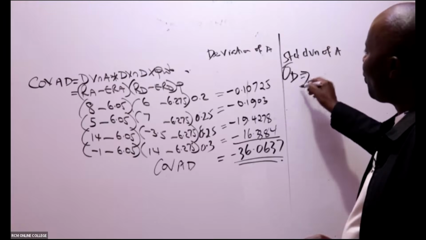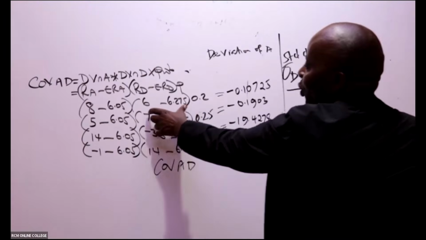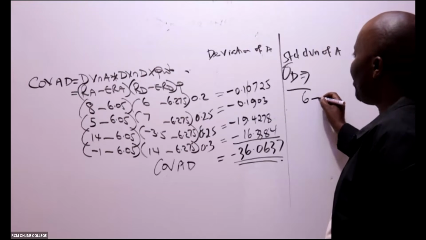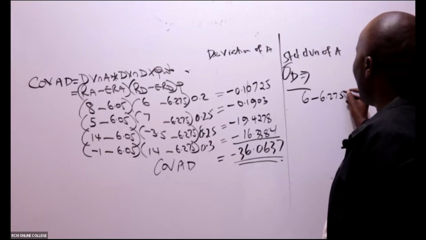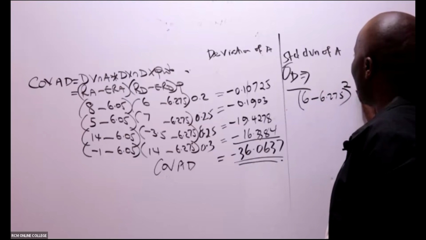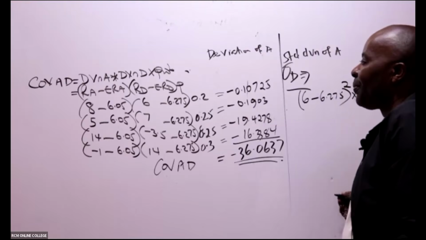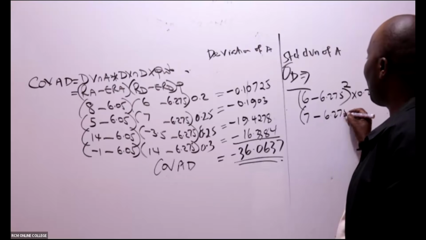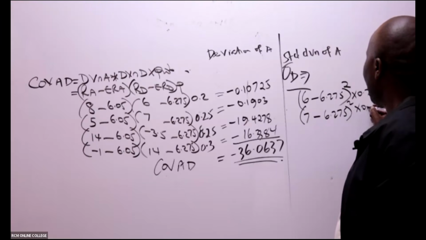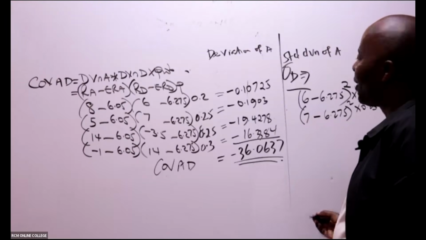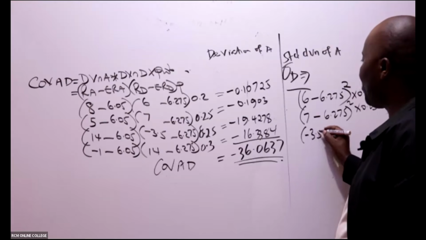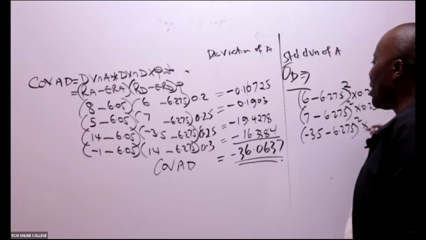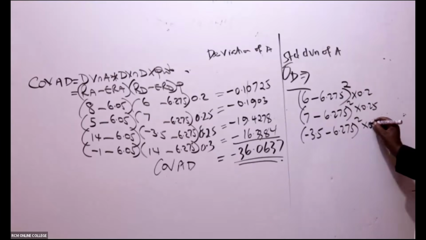So for the standard deviation of D, I already have the deviations of D. So it's very easy. Mine is to come and square them times this probability. The second one, we have 7 minus 6.275 squared times 0.25. And then minus 3.5 minus 6.275 squared times 0.25.